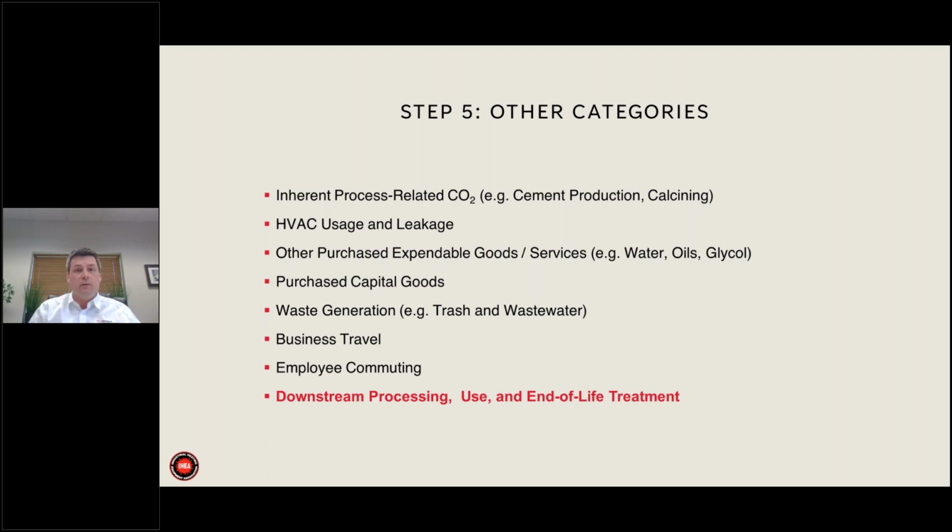Waste generation: wastewater has a major carbon footprint, and I'll show you that on the next slide. And you also want to take a look at trash. In general, I don't have data for industrial facilities, but for me personally, for a household of 3 people, I'm probably emitting about 0.5 metric ton of CO2 per year on just trash.